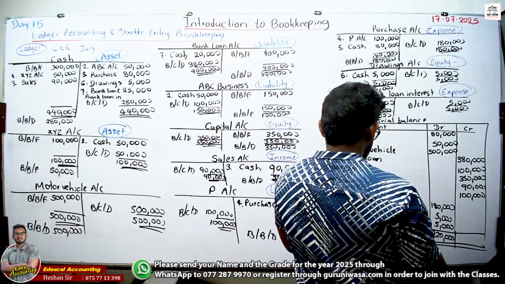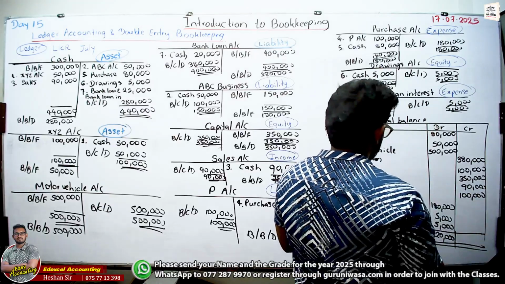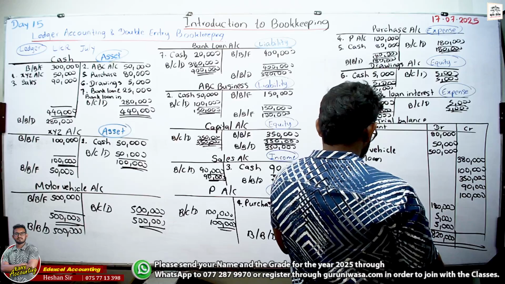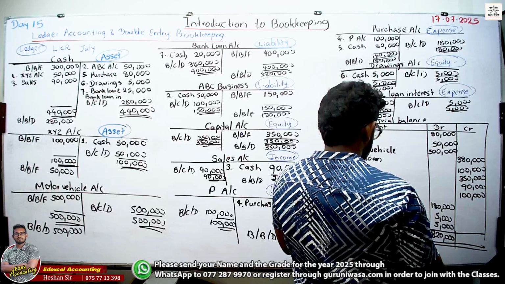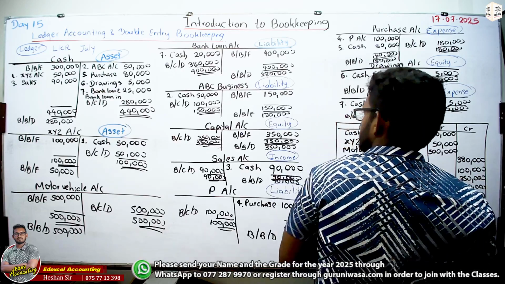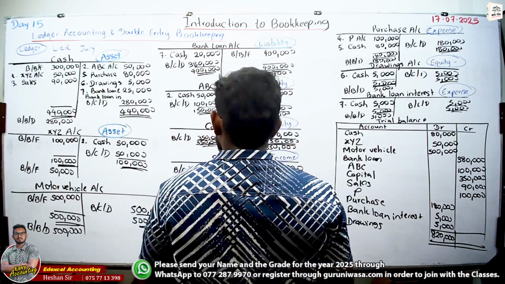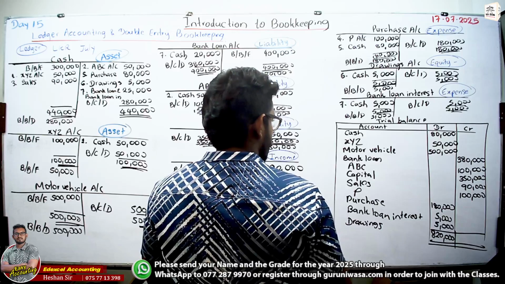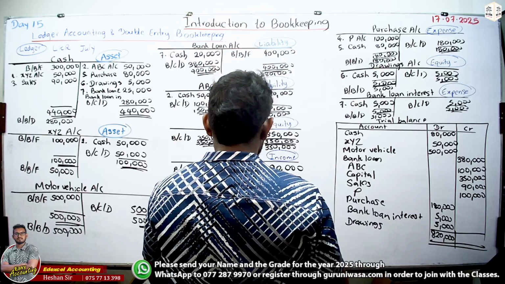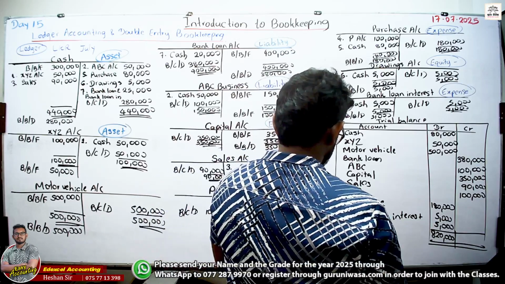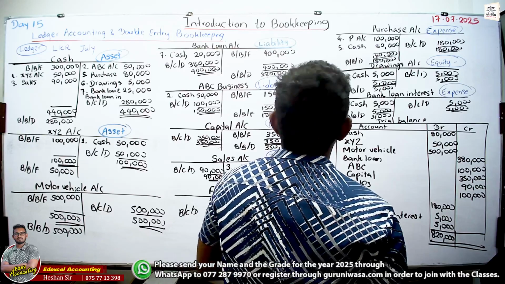On the credit side, 380 plus 100 plus 350 plus 90 plus 100, 800. There's a 200,000 difference here.